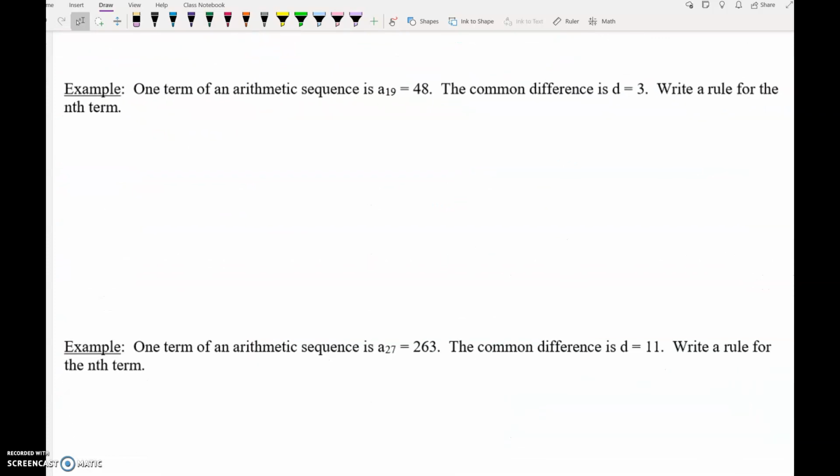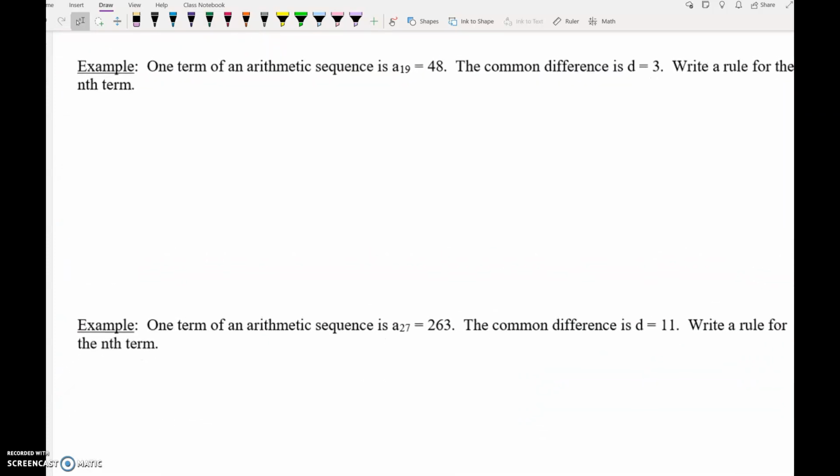So in order to use this formula, we need to know the first term, and we need to know the common difference. So here's the problem in this example. They tell us that one term is this, and they give us the common difference. They don't give us the first term.